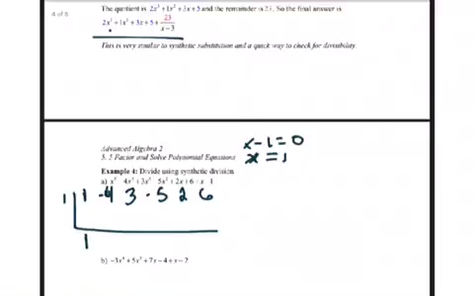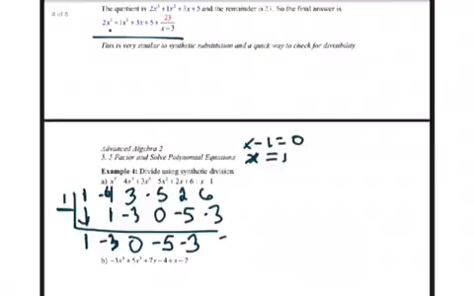I drop the first term, and then I multiply by this 1. So I have 1 times 1 is 1. I'm going to add, multiply by the 1, add, multiply, add, multiply again, add, and multiply one more time, and add. This ends up being my remainder.